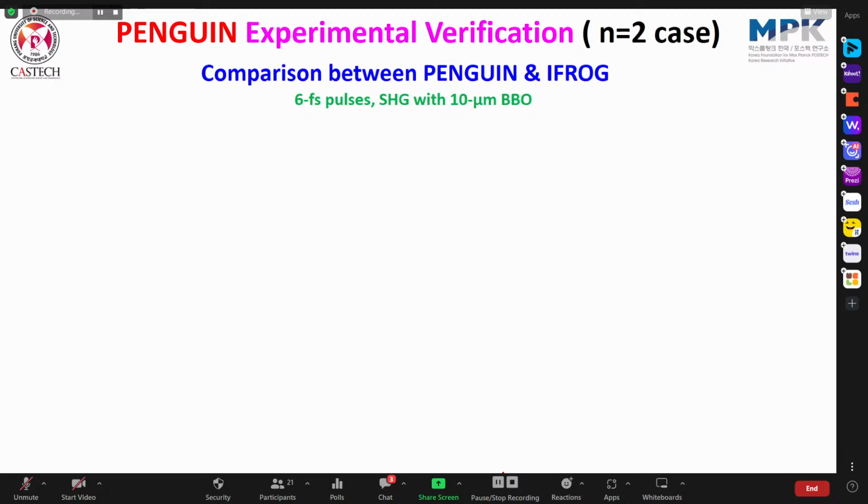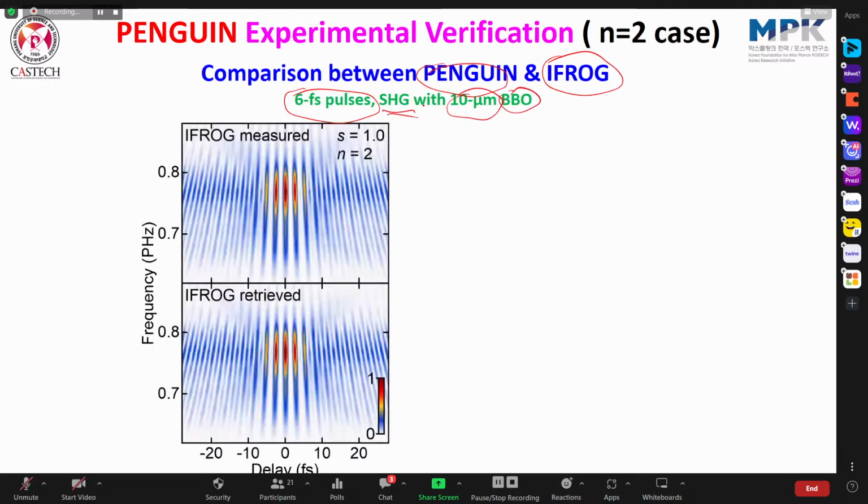This shows the comparison between our method and the conventional IFROG, interferometric FROG method. You use the 6 femtosecond pulse, and a 10 micron thick BBO for the second harmonic generation. So this is the IFROG measurement.